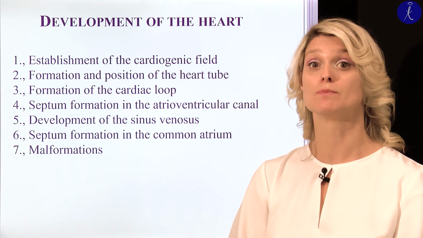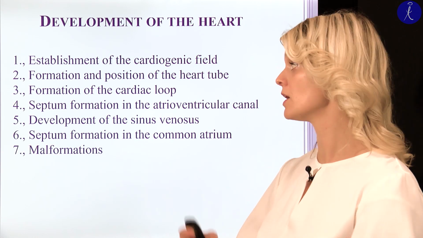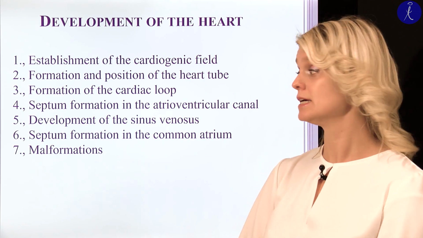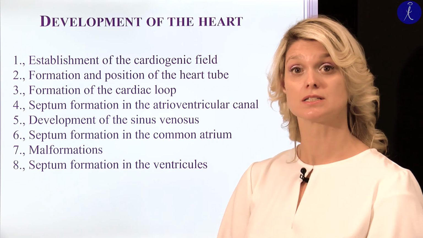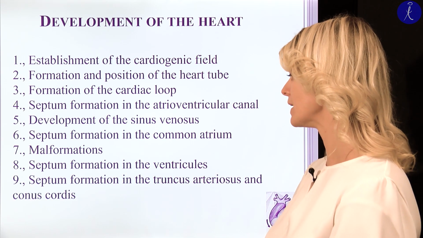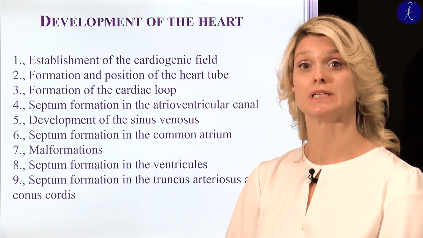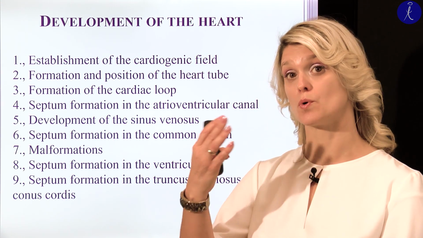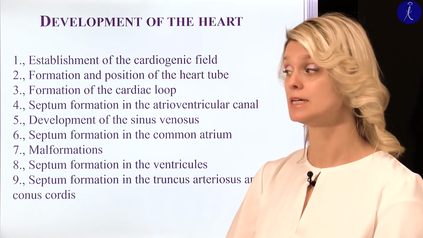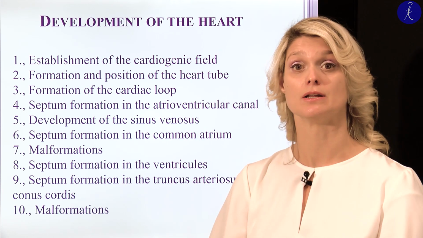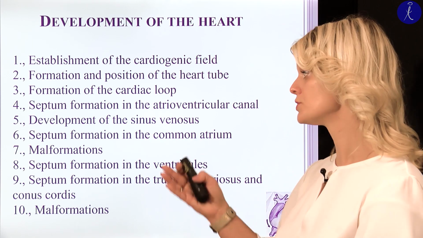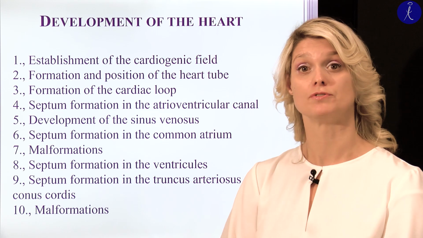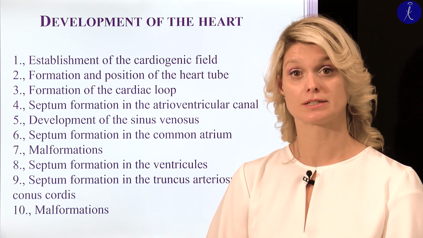Of course, we will see the malformations of these steps, and finally we will see the division of the ventricles and the formation of the septum within the truncus arteriosus to divide it into the pulmonary trunk and the aorta, and finally the malformations of the last two steps. Here you can see all of the main points of the two lectures about the heart development.